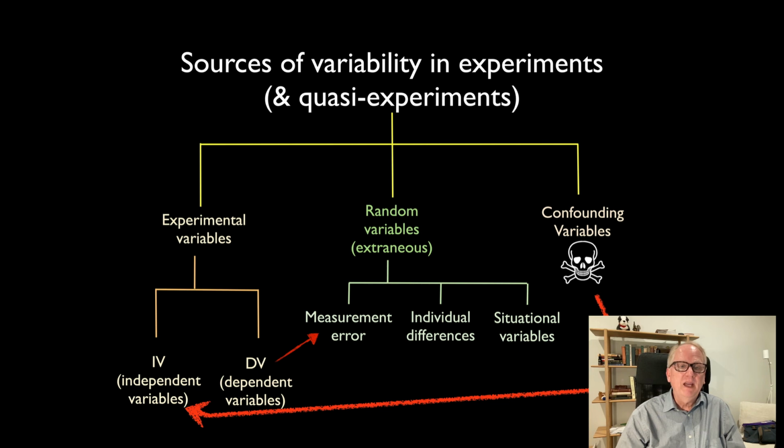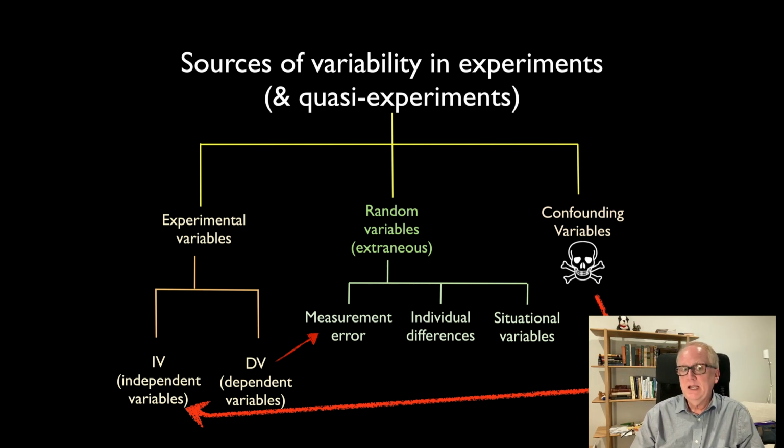So that means that whenever the independent variable switches, like somebody goes from condition A to condition B, or they've been assigned to the treatment group or the control group, there's another variable that also changes at the same time. It means that I have a confound. And I'll give you an example of this in just a moment. But confounds are really something that can ruin your experiment if you don't pay attention to them.